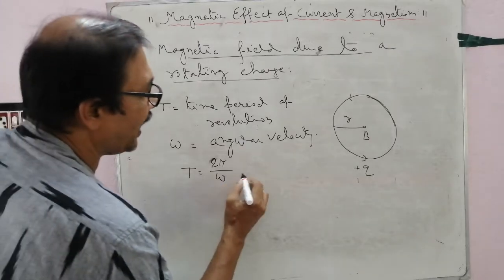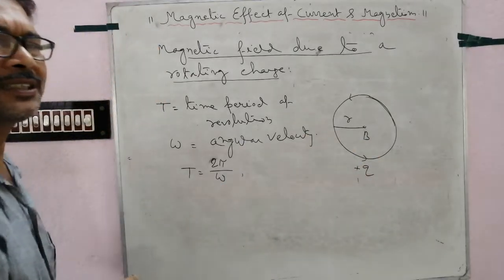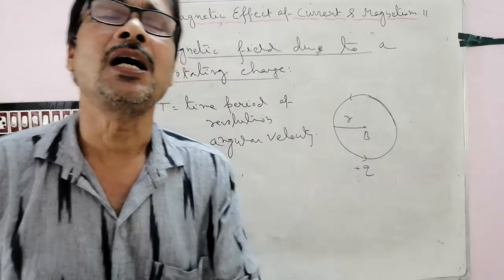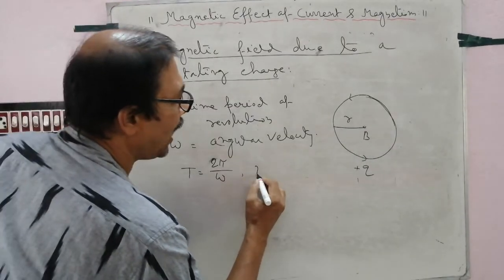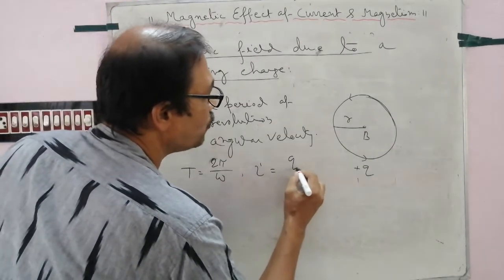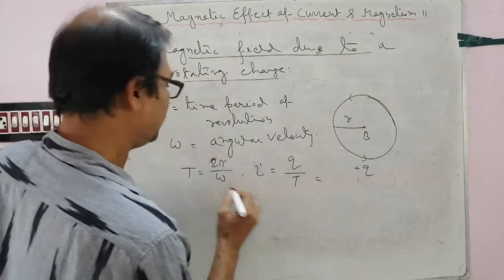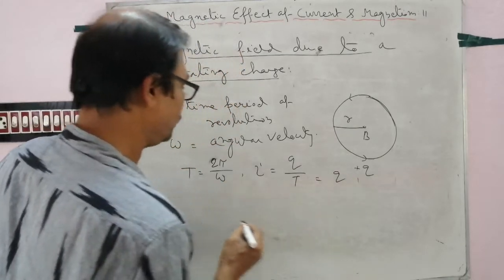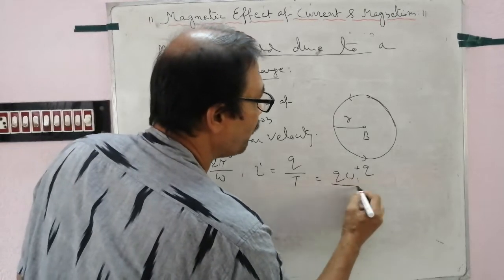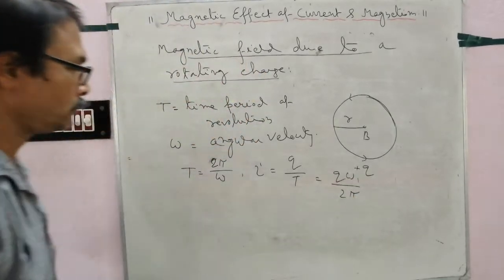Okay. Now the current produced due to the movement of the charge. We know current is produced due to the movement of charge, so I equals Q by T. Putting the value of T, I equals Q omega by 2 pi.